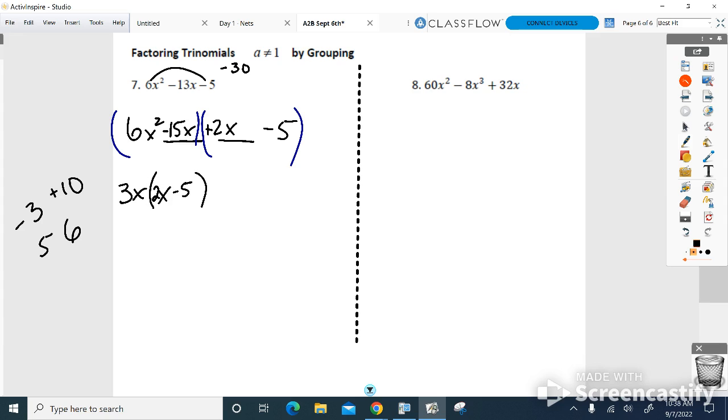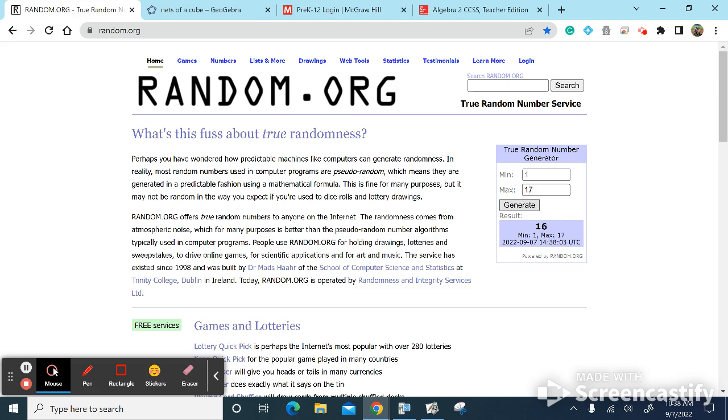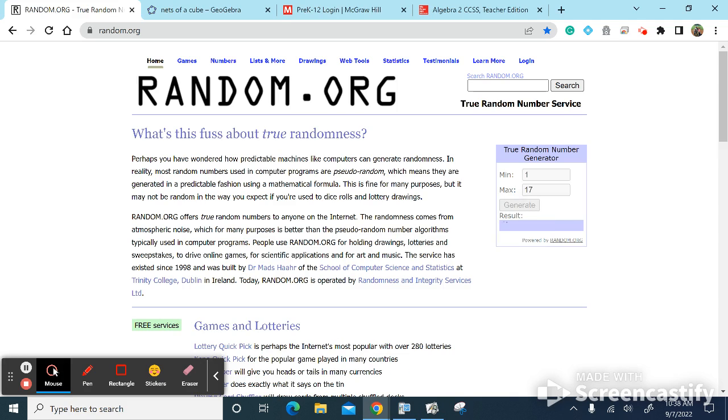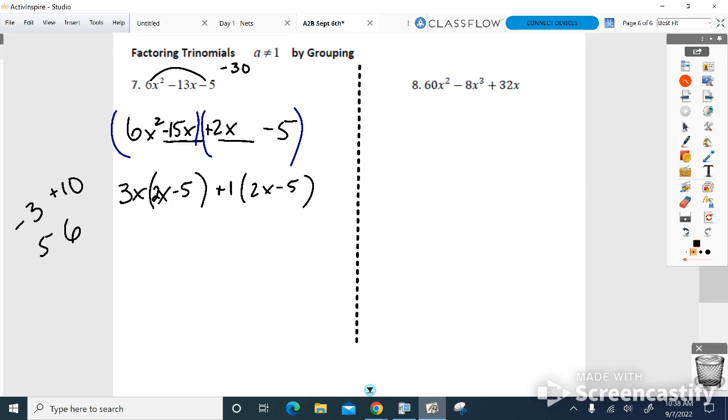So make sure I'm left with the 2x minus 5 next. What's the only thing I can take out then? A 1. Finish grouping. That's not finished yet. Finish it.